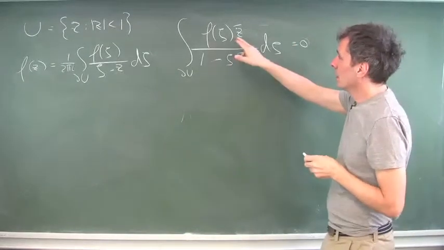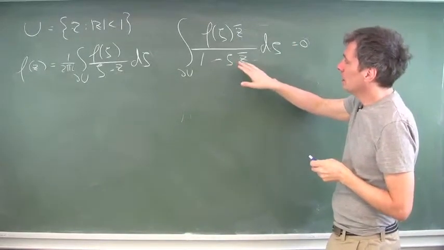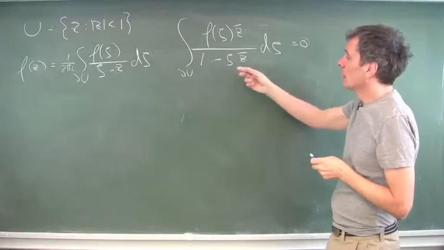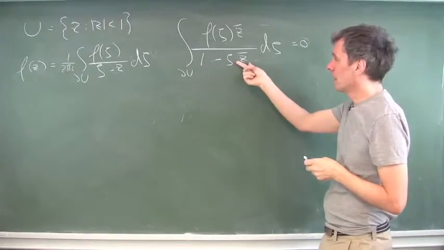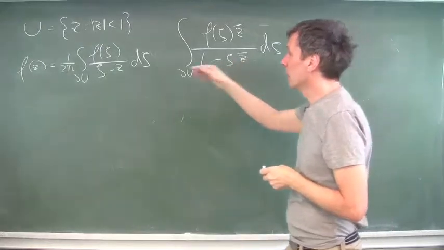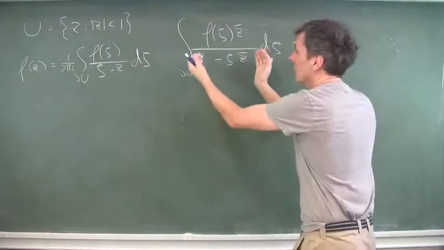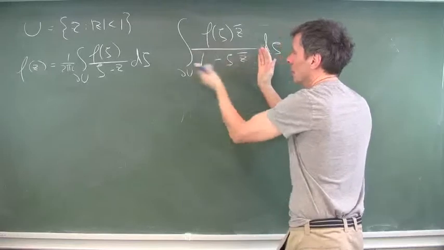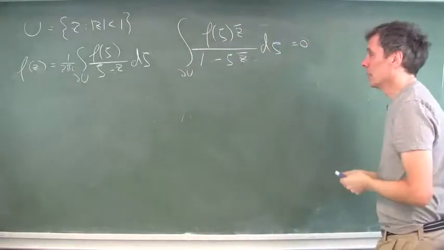This is true as long as the absolute value of z is less than 1, as it is in the unit disk, because then this function will have no pole in the unit disk.